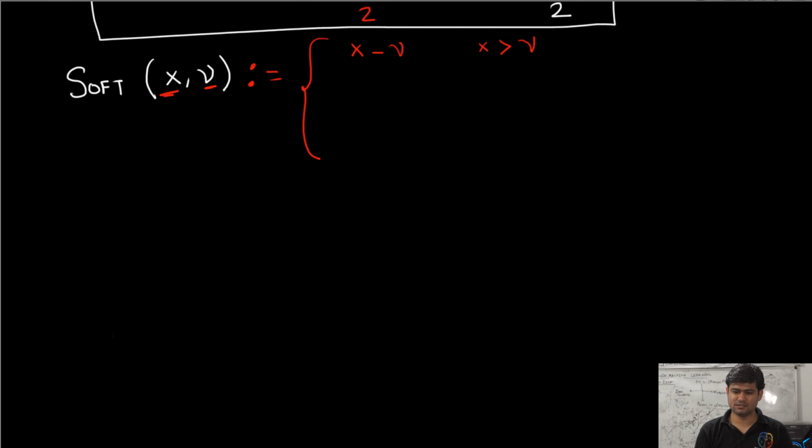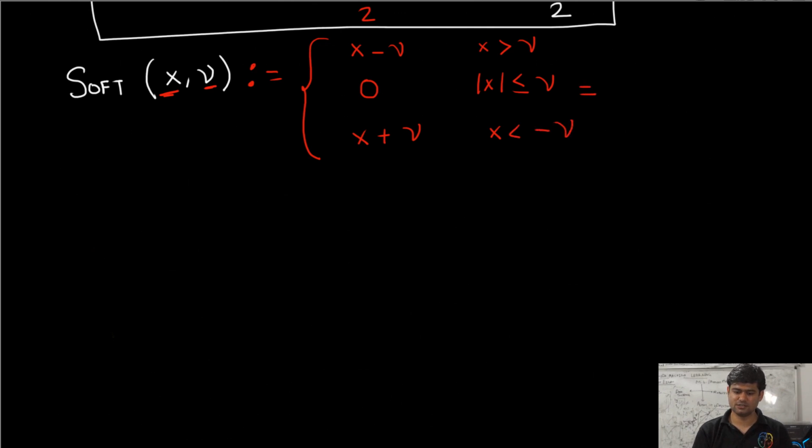It is defined as 0 for mod x less than or equal to nu, and is defined as x plus nu for x less than negative of nu.